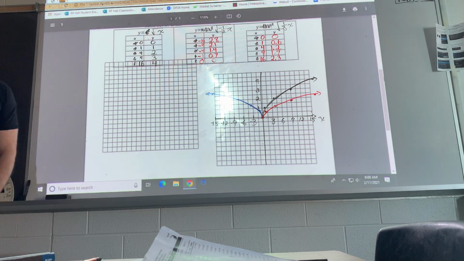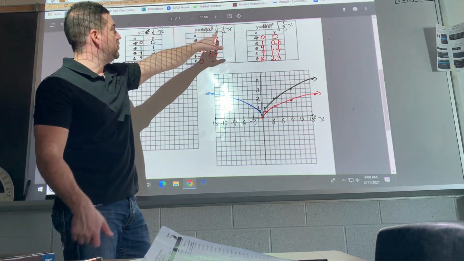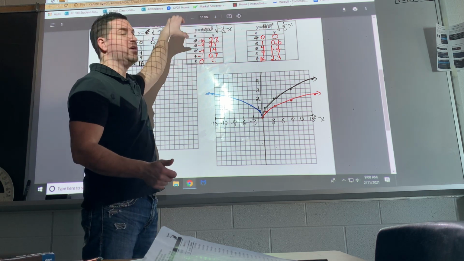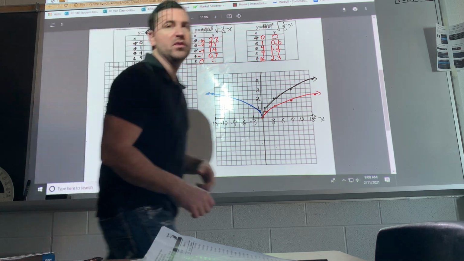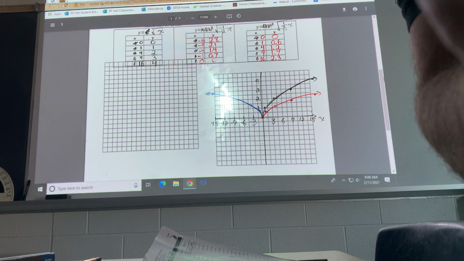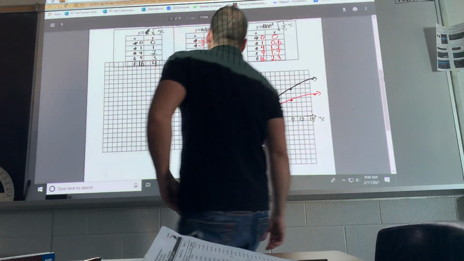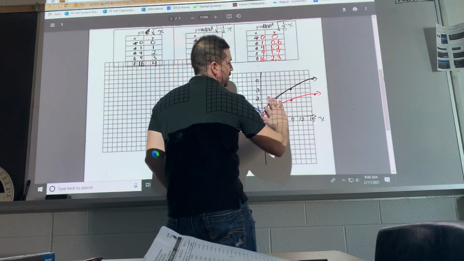Okay, so just want to show again, we have the k value because it's underneath the square root sign. If it was an a value, it would be outside of the square root function. All right, so here we have our parent function, which is the black one.